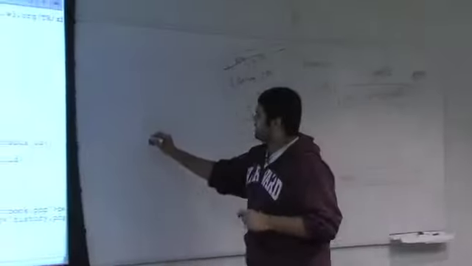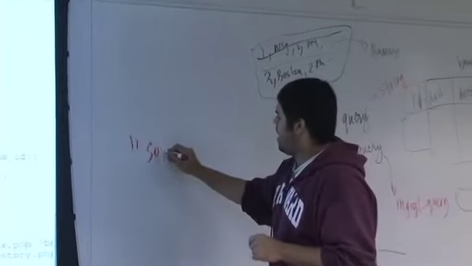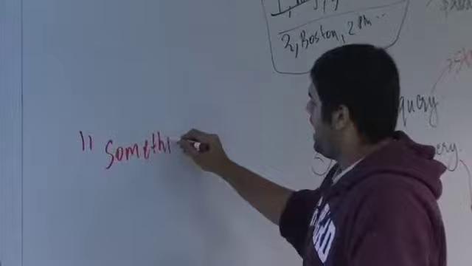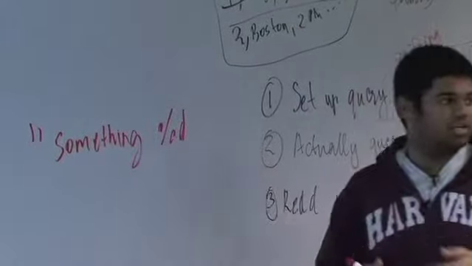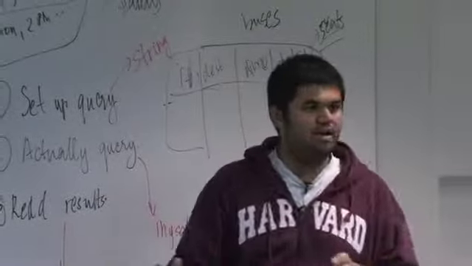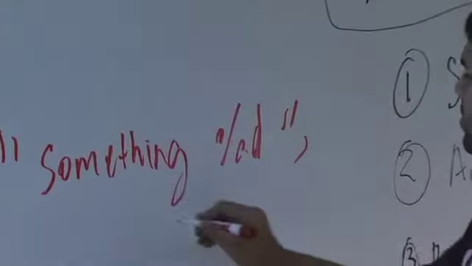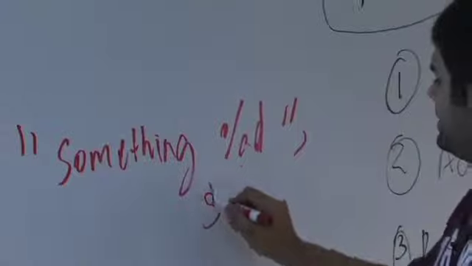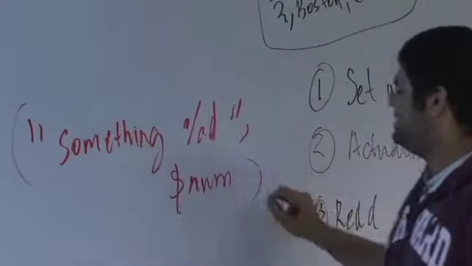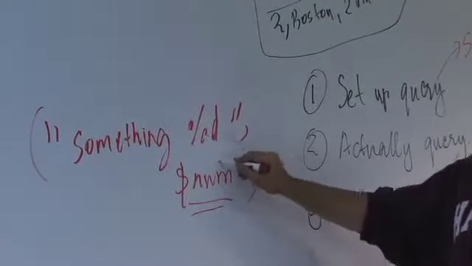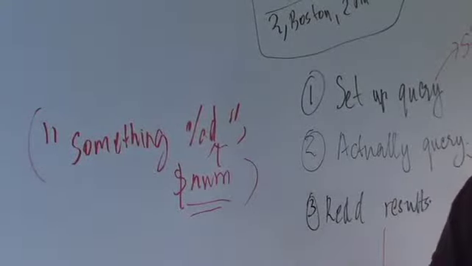You have a string, and you fill it with placeholders. Placeholders are of the form % something, and you give it a variable. So this takes this variable and stores it in the placeholder that we defined in the string.